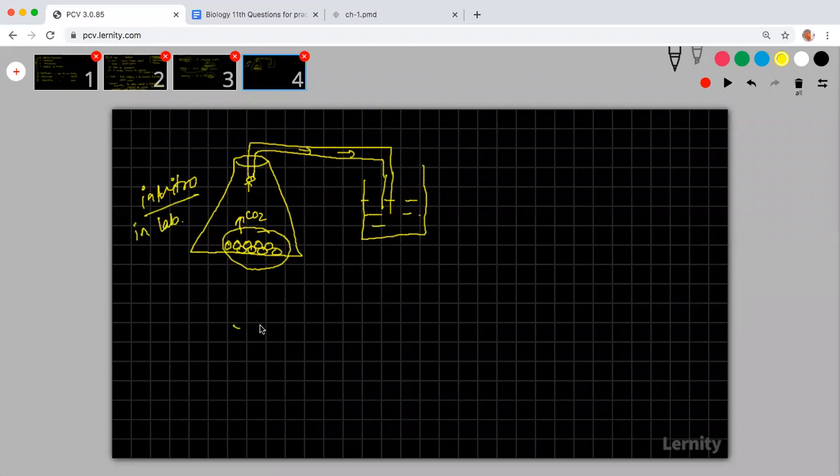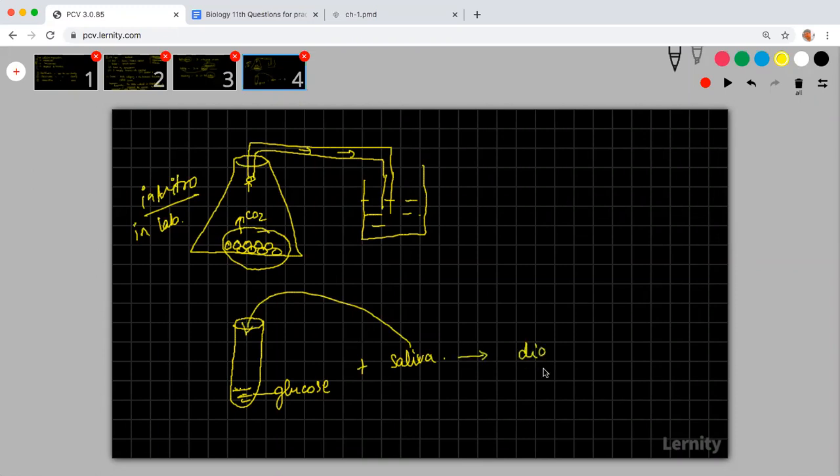Or say, for example, I can take glucose, and then I can take saliva separately, and I can pour it here. And digestion would still happen.